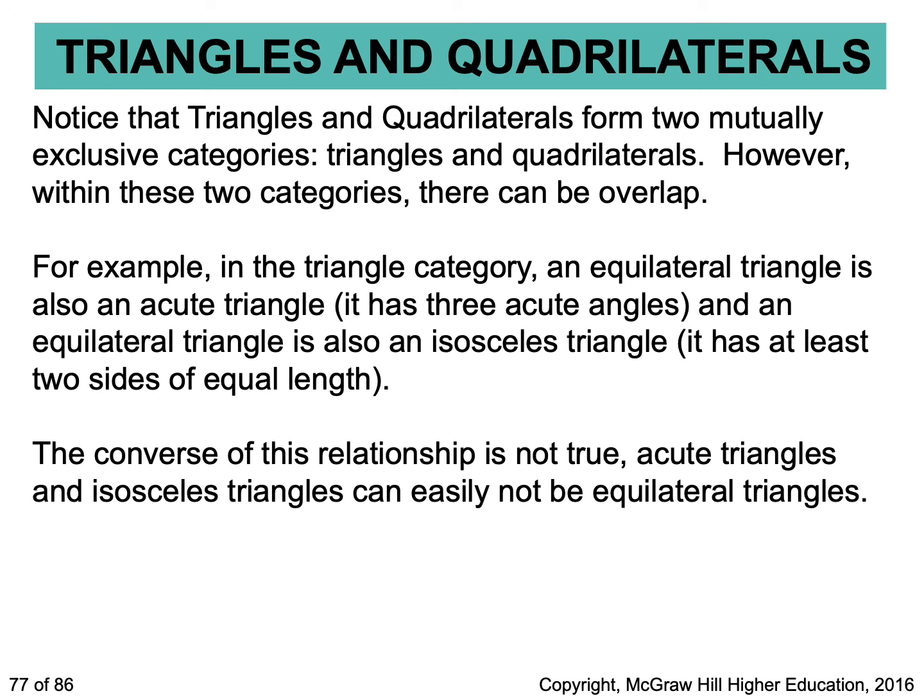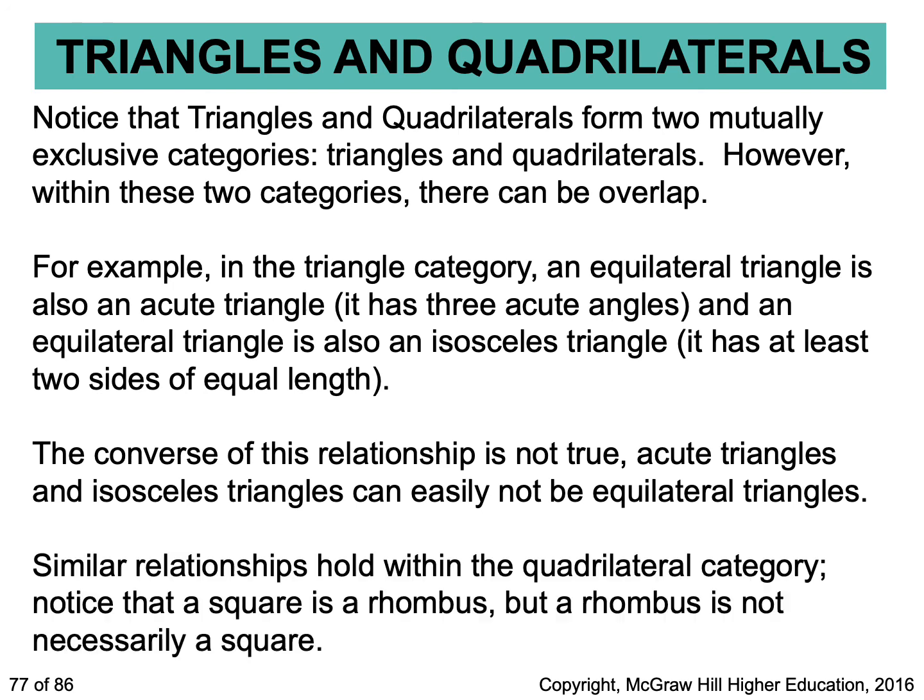So an equilateral triangle is also an acute triangle, and an equilateral triangle is also an isosceles triangle, because at least means two or three sides of equal length, but that doesn't necessarily mean that every isosceles triangle is equilateral.